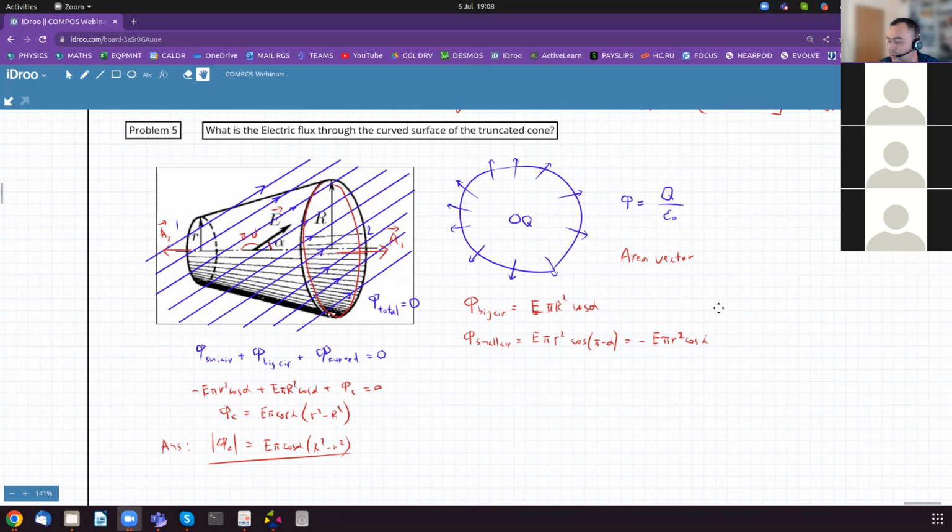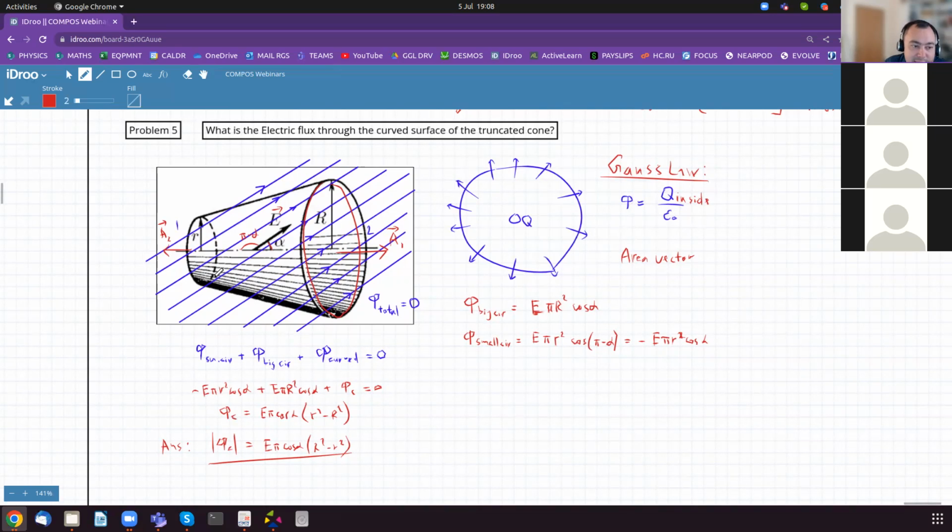Why was the total flux through the cone 0? This is Gauss's law. Gauss's law says that the total flux through any surface, it doesn't matter what kind of surface it is, is equal to the charge inside that surface divided by epsilon 0.